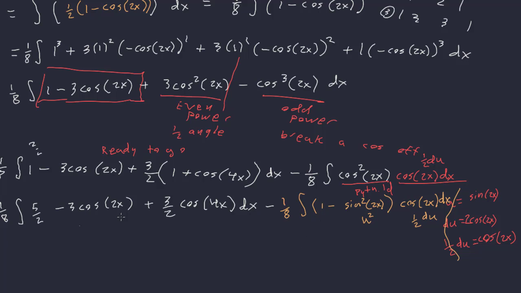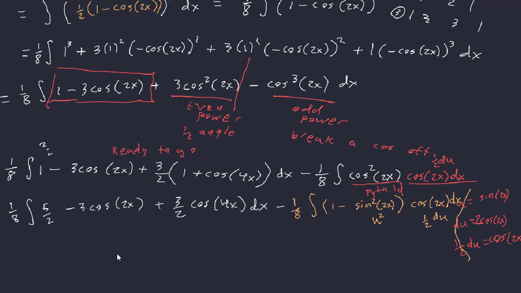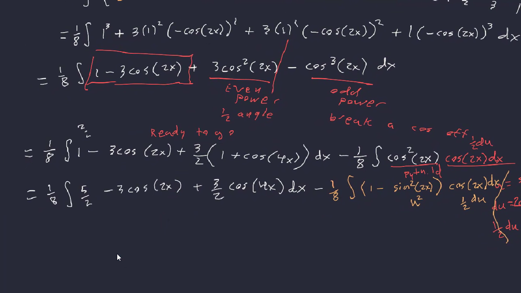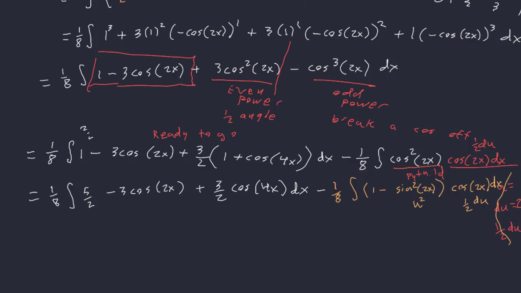Again, we have a lot of junk in here, but I'll go ahead and say that this is 1/8, and then we'll integrate this piece now. So it'll be 5/2 x minus the integral of cosine of 2x, which is 1/2 sine of 2x.